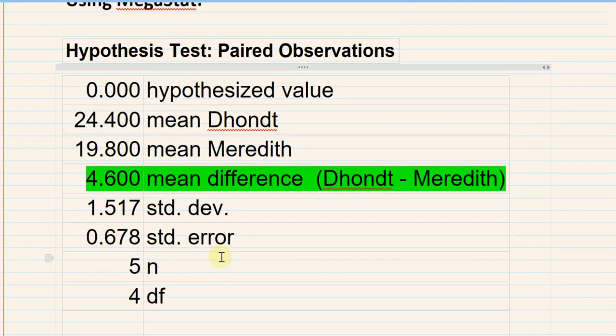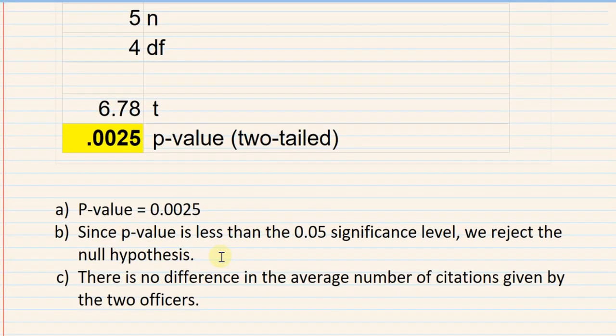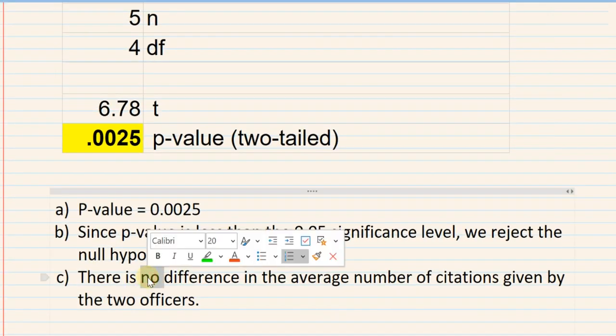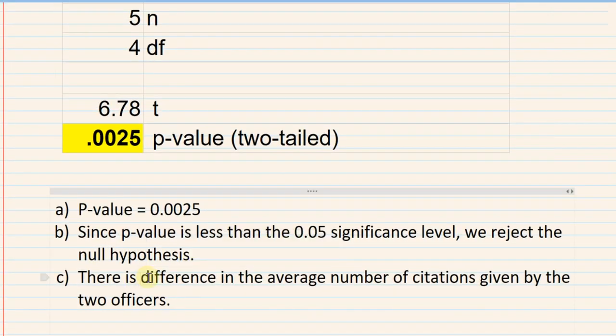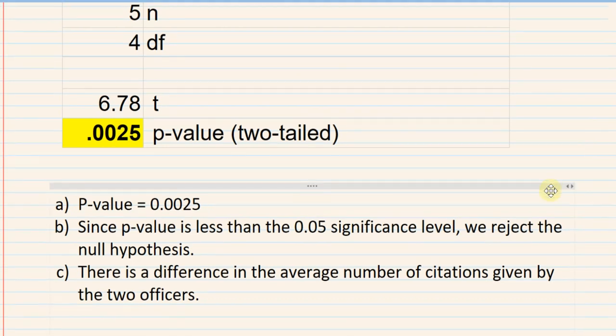The null said there is no difference. Yeah, null always says that. So there is a difference. Let me fix that. There you go. There is a difference in the average number of citations given by the 2 officers. Okay. And there you have it.